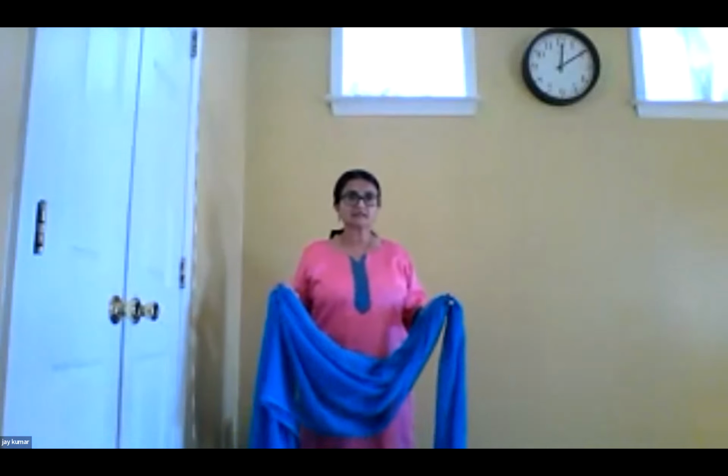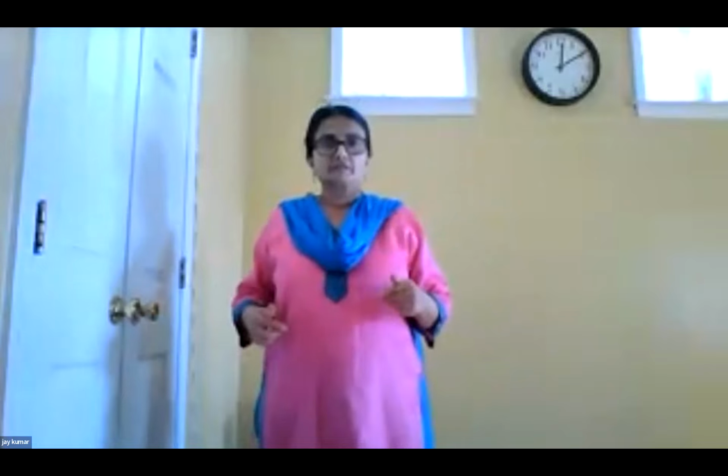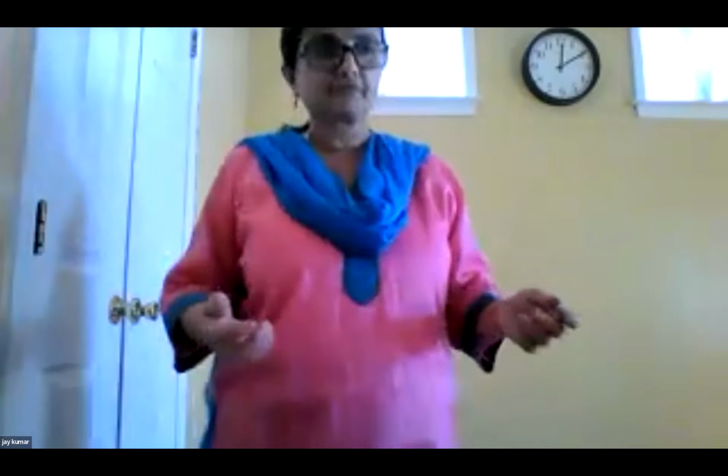And this is just a shawl which we use for a number of reasons. India is a tropical country, so it gets hot. People cover their heads so that they don't get sunstrokes. During the winter months it does get cold, so people use it to keep themselves warm as well. This is one of the types of costume. We have a number of other ones.